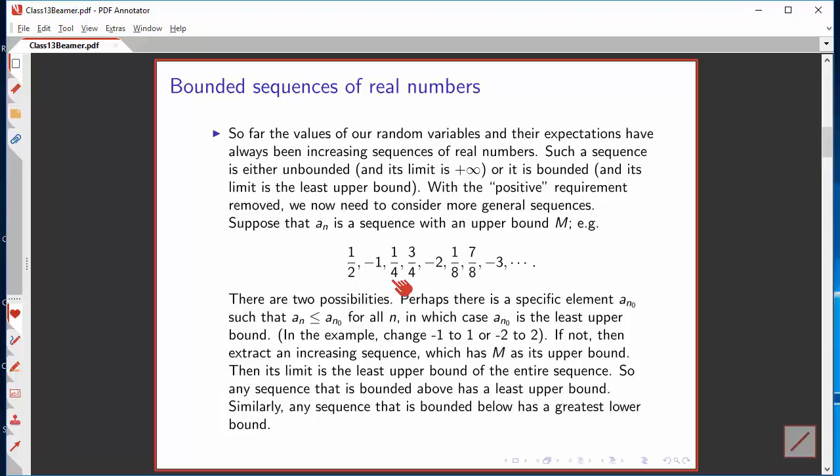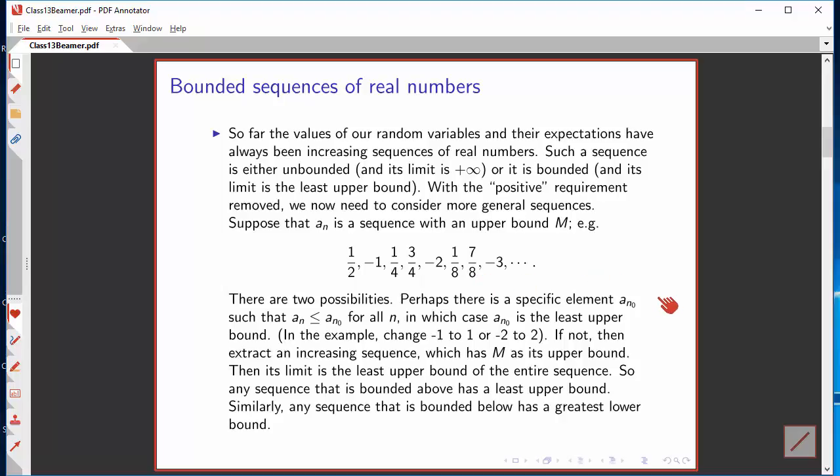I mix that in with a sequence 1/4, 1/8, 1/16, and so on. That's a subsequence that converges to 0. And then I've mixed in -1, -2, -3. That's a subsequence that converges to negative infinity. Nonetheless, this sequence does have an upper bound. You've probably already perceived the upper bound is 1.